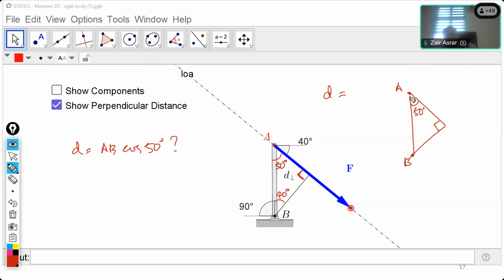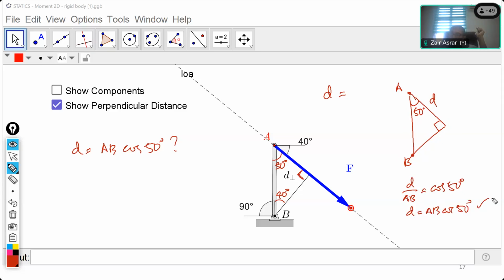AB is known to us, and what we want to find is D, the perpendicular distance. So D over AB equals cos 50 degrees, so D equals AB cos 50 degrees.